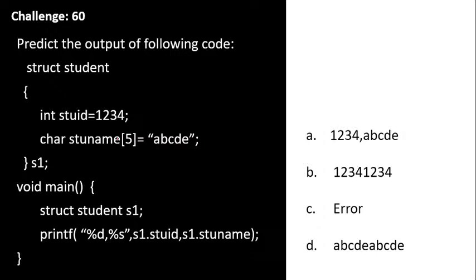So I'm creating a structure called student. The member variables are student ID and student name. S1 is a structure variable. So I'm creating that struct student, and I am trying to print the value of student ID and student name.